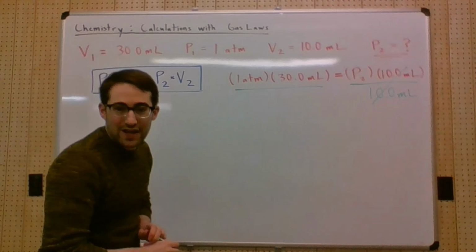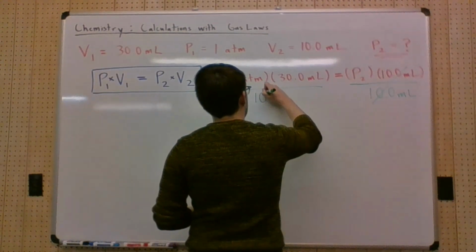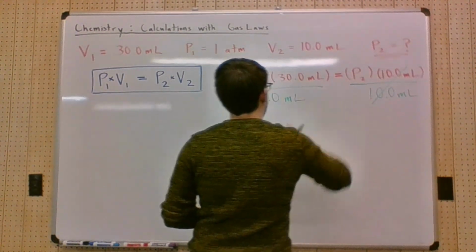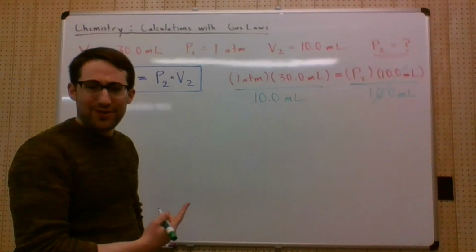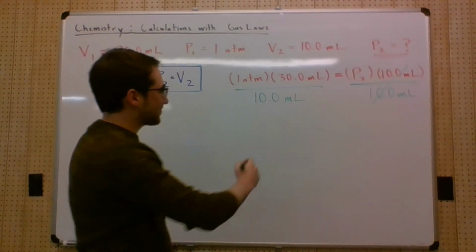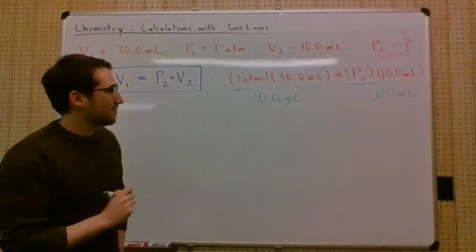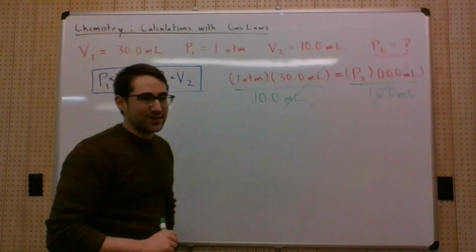On the left side, if I divide by 10 milliliters, I can work that math out, and I'm also going to cancel my milliliters units. Okay, so the units are going away. I'm going to cancel those out.